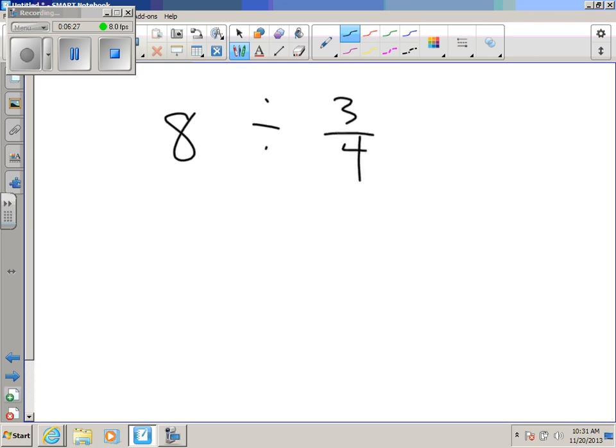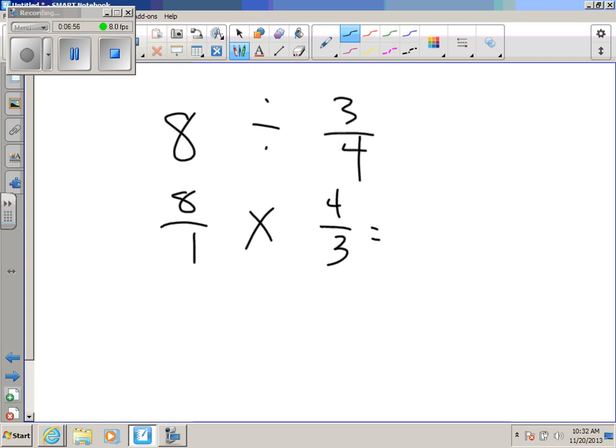8 divided by 3/4. Now again, if everything is not in fraction form, we have to get it there. How am I going to make this whole number 8 a fraction? 8 over 1. Since that's our first number, that's not going to change. What happens to our division sign? And what happens to our 3/4? 4/3.